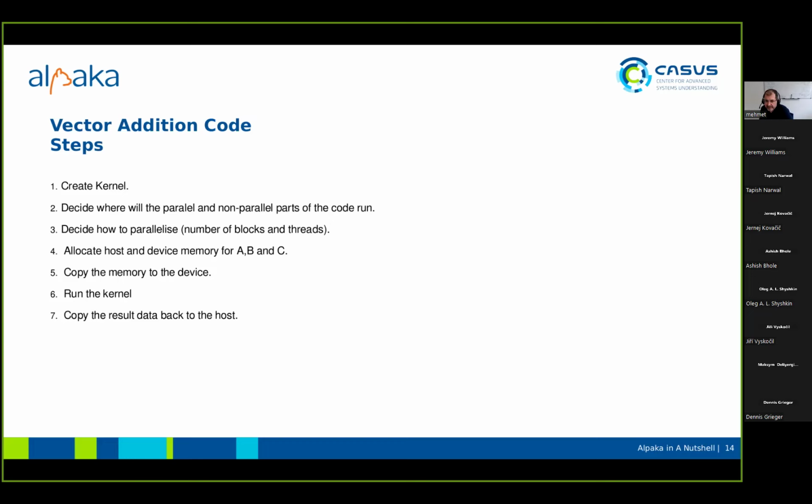First step is to create the kernel, then decide where the parallel and non-parallel parts of the code will run, then decide how to parallelize, find the number of blocks and threads, allocate host and device memory for A, B, C, and fill A and B vectors with data, copy the memory to the device from the host, run the kernel, then copy the result, which is the C vector, back to the host. These are the steps.